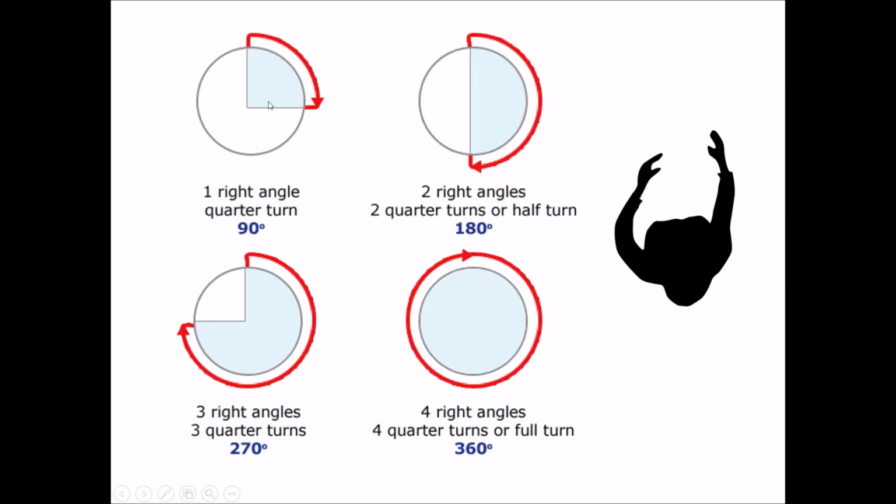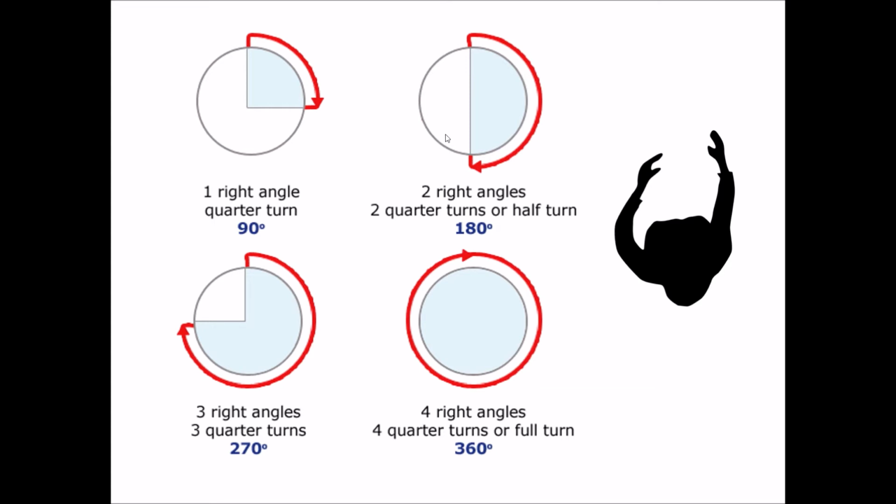Now, remember I talked about book edge corners, didn't I? A book edge corner, just here, like the ones you would find in a rectangle, whether that's a square or an oblong, you will see this angle here. This is called a right angle. Okay, and a right angle is 90 degrees.